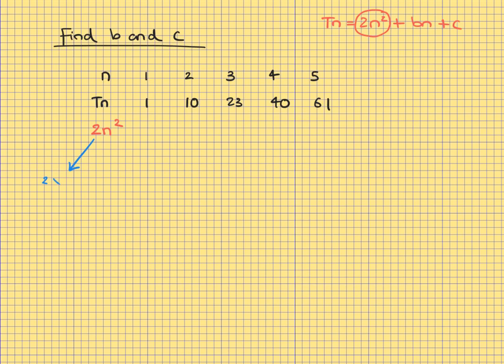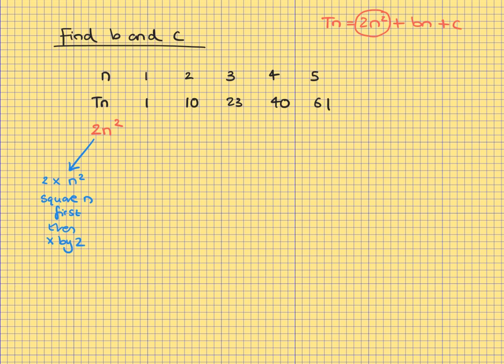This is 2 multiplied by n squared. So make sure that you square n first, then multiply by 2. Think about order of operations. Indices, which includes squaring, comes before multiplication. So let's work out the values of 2 lots of n squared.